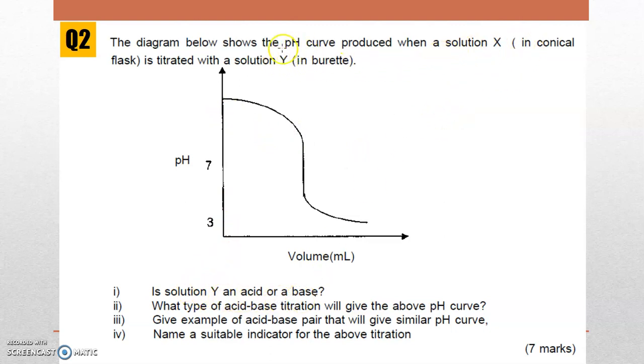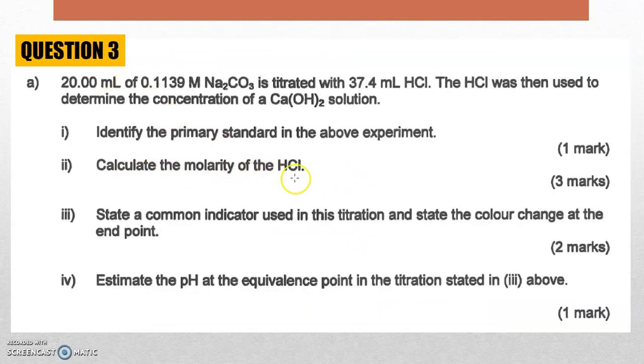As you can see here, Y is placed in the burette. Give an example of an acid-base pair that will give a similar pH curve. Name a suitable indicator for the above titration. You can refer back to the table I mentioned earlier. You need to memorize several types, not just 3 or 4. Okay, this is question number 3. I ask you to try it and we will discuss it in the tutorial later.